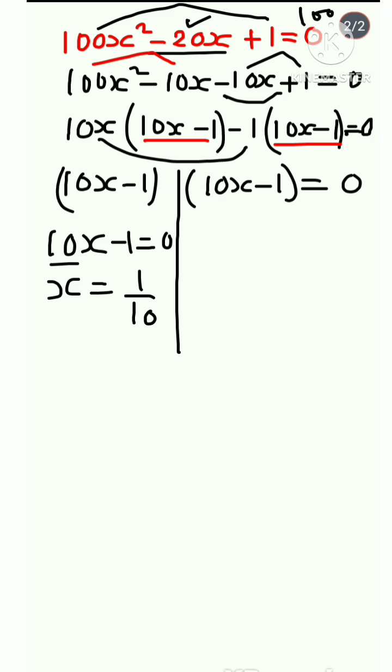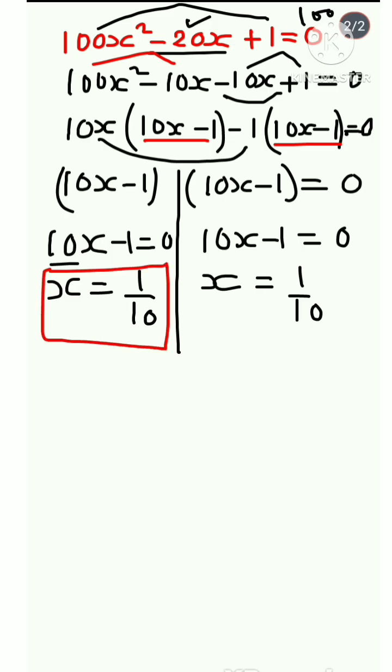And similarly 10x minus 1 equal to 0. Then we obtain again x equal to 1 by 10. In this way we have obtained two equal roots, 1 by 10, 1 by 10. This is our final answer.